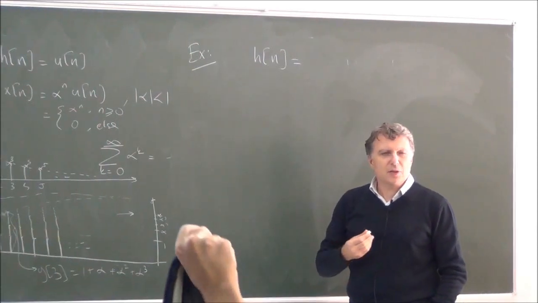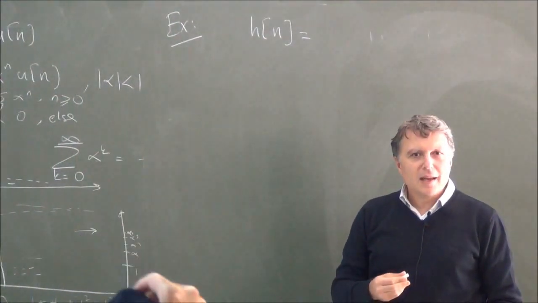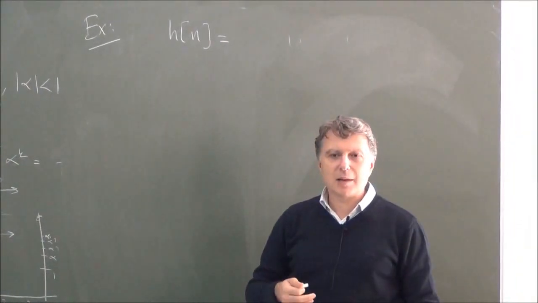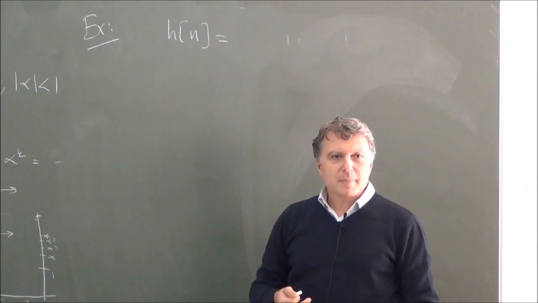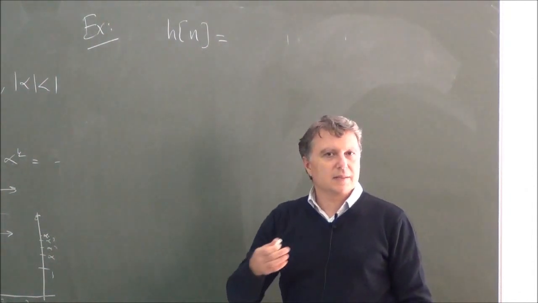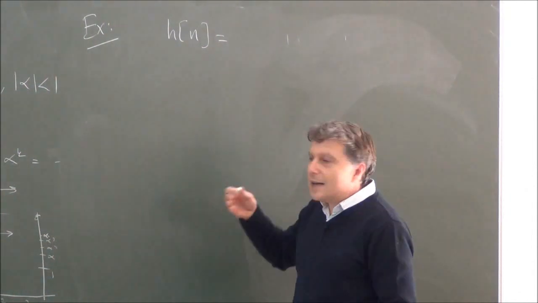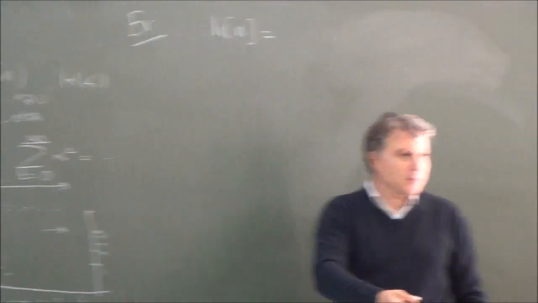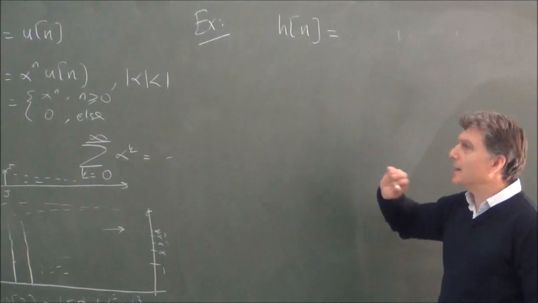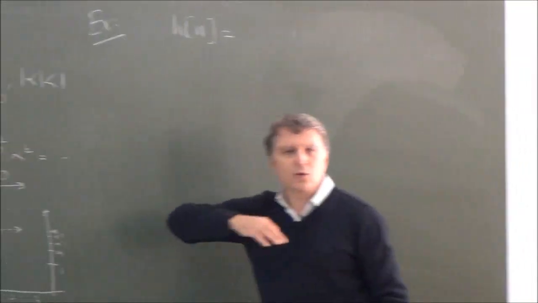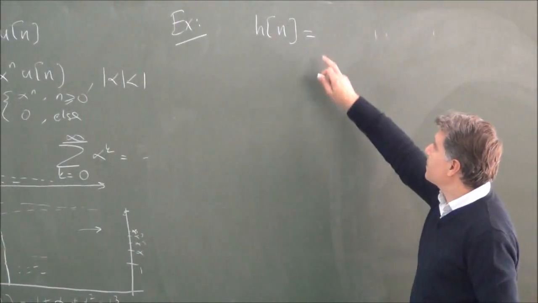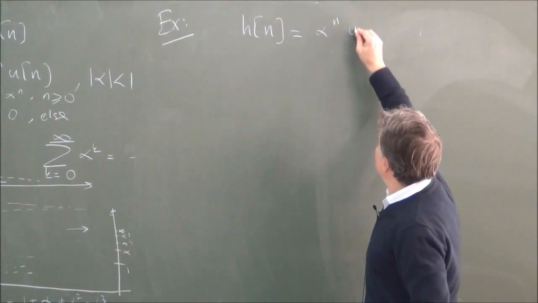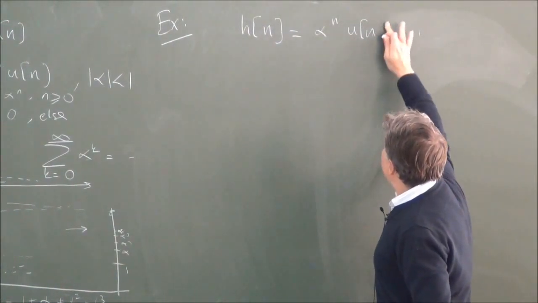By the way, if I'm giving you an impulse response, I shouldn't further emphasize that it's linear and time invariant, because if it is not linear or not time invariant, then I cannot talk about an impulse response anyway. So whenever I give you an impulse response, you can just assume that it's linear and time invariant, so all this convolution stuff works. h of n is alpha to the n u of n.